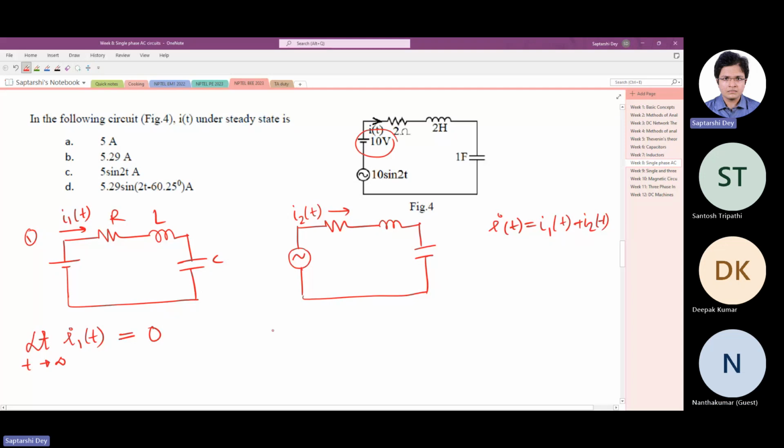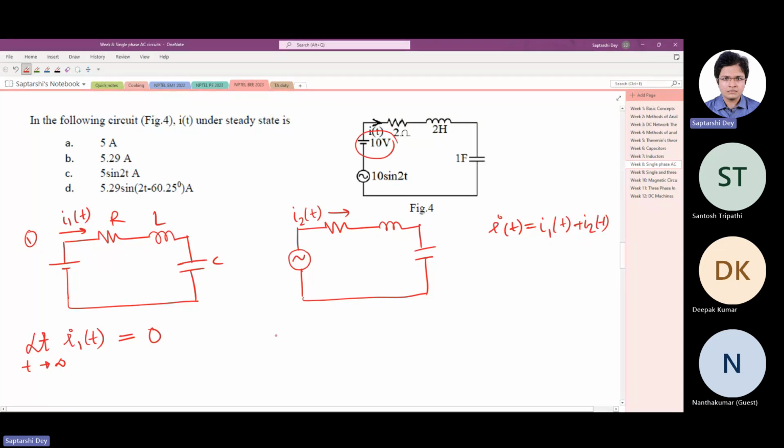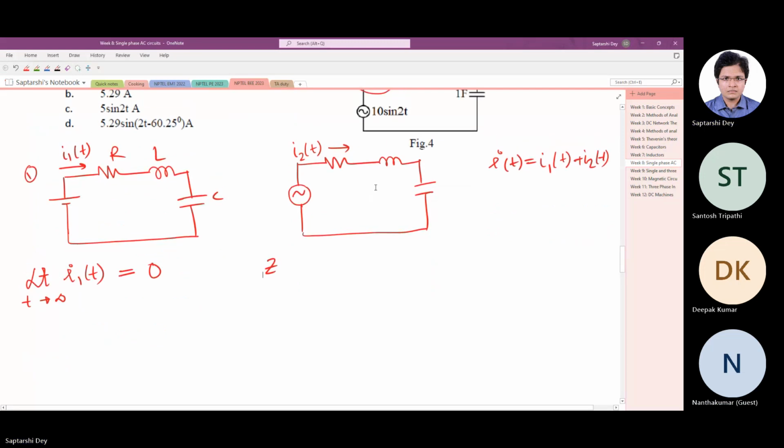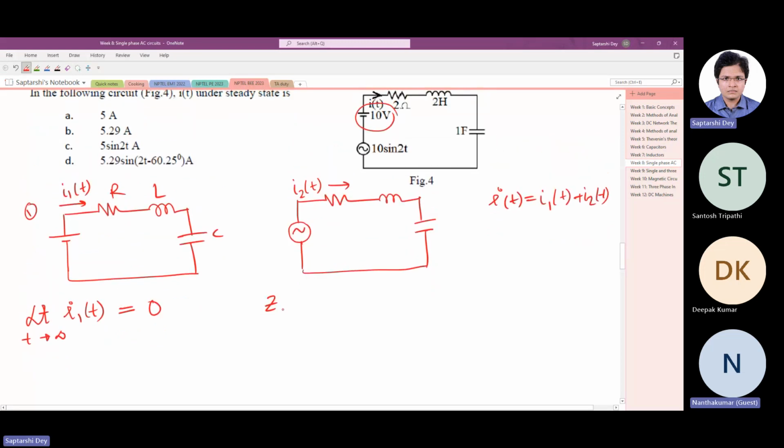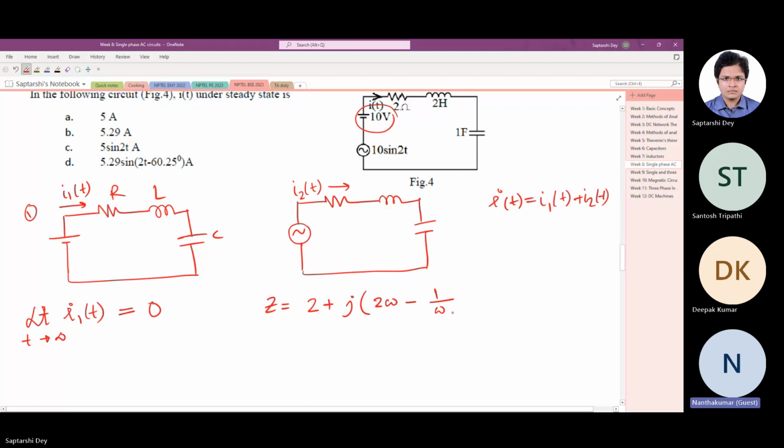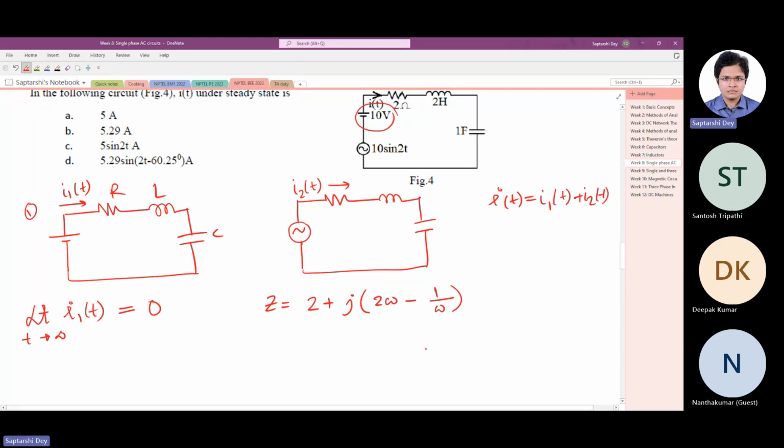Now it is easy to find out. We have to first find Z. Z is how much? Z is 2 plus j times (2 omega minus 1 by omega times 1). So 1 by omega is the value.